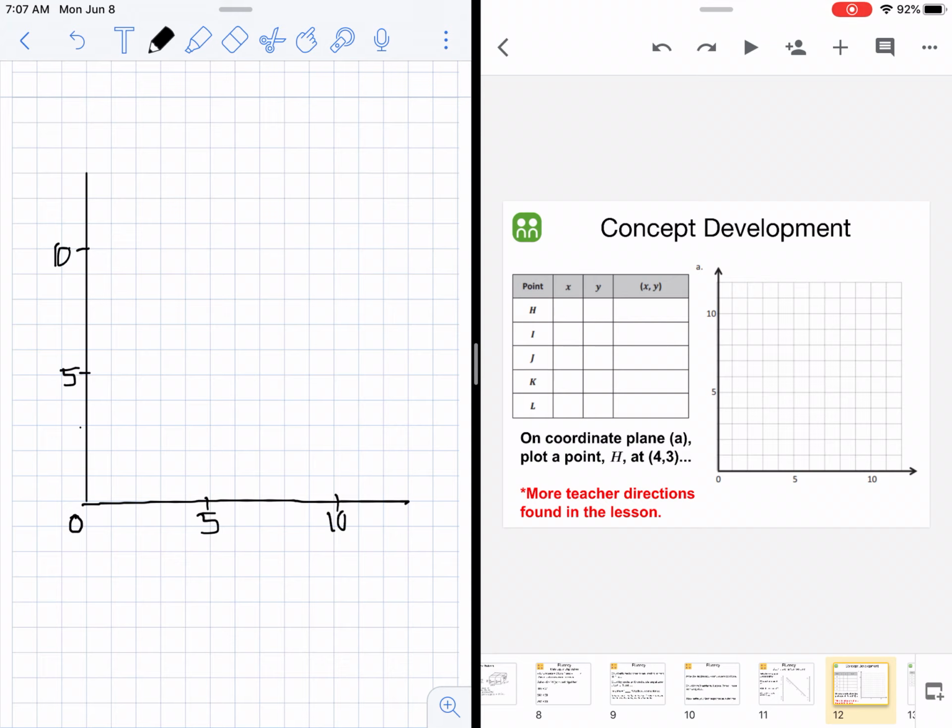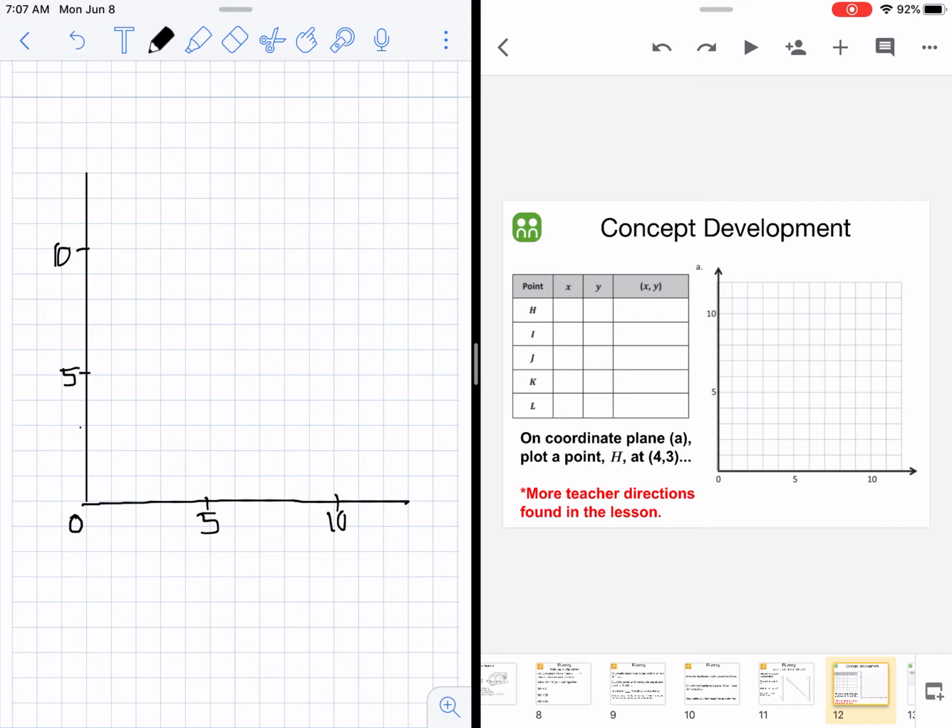All right, 0, 5, and 10. So we are plotting points today. Here is our first point, okay? So we are going to plot point H.